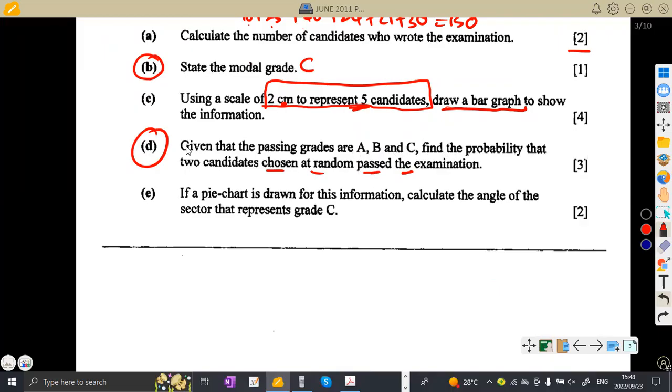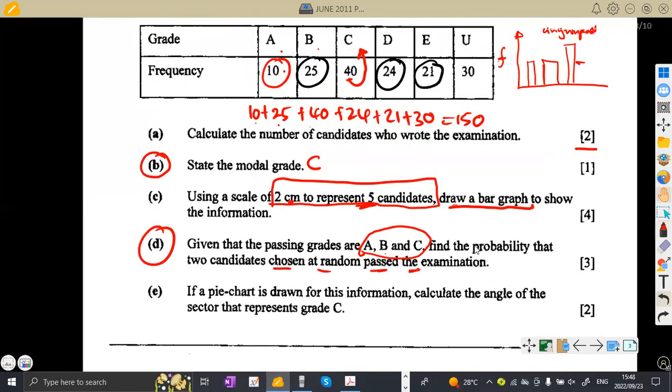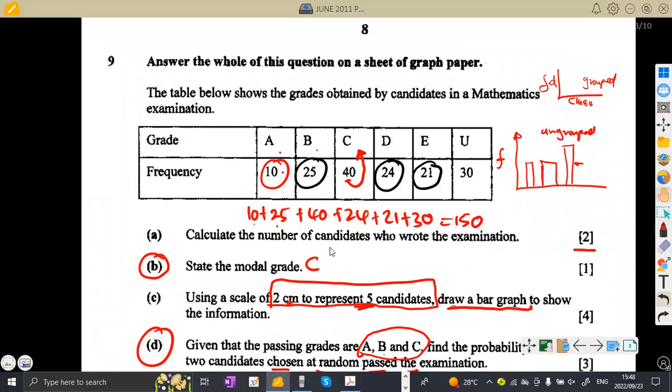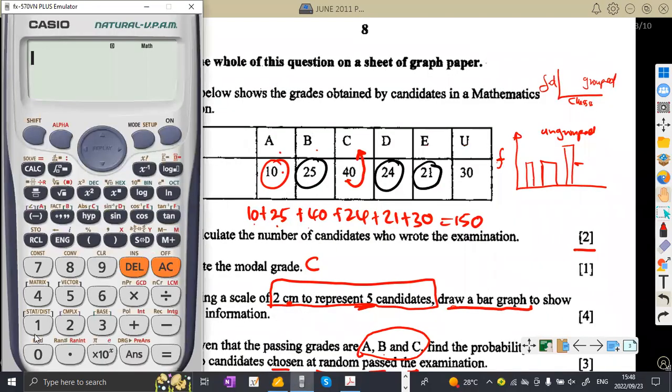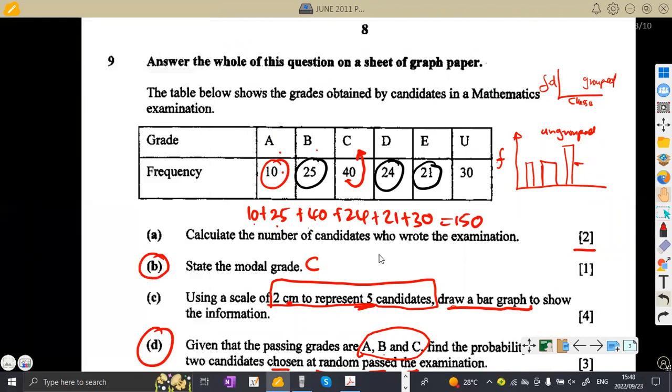Just to pass an examination, we are being told you must have these grades A, B, C. So we're going to count those who obtained A, B, and C. First of all, you have to add these from A to B to C. So how many do we have? It's going to be 10 plus 25 plus 40. That is 75, okay? So we have 75 of them in A, B, and C.